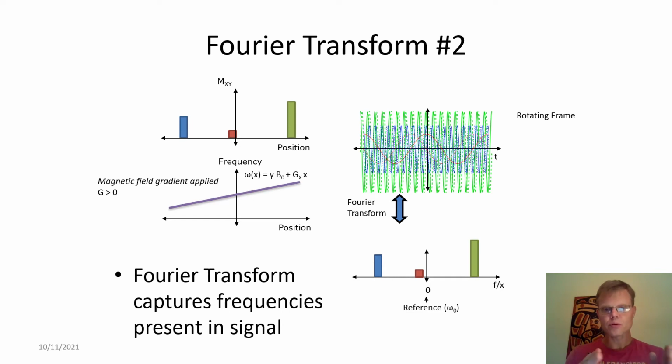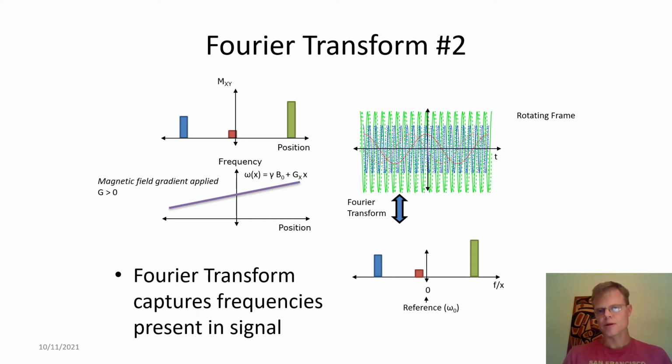Then we have the blue position, which is some intermediate amplitude, and it's also further out in position, so it has a higher frequency. And similar with green, it's also further away from the center, so it has a high frequency rotation, and it's the largest transverse magnetization of all the locations. So its sinusoid is actually the largest as well.